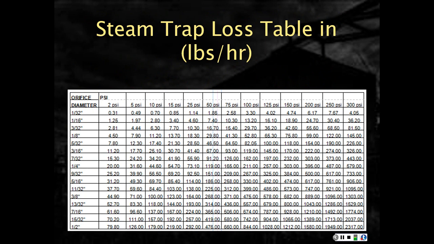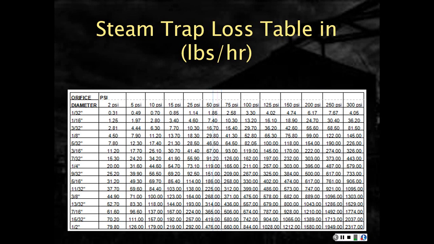Now, how do I find out the pounds per hour loss? What we have here, and it's located also in your lecture notes, is a steam trap loss table. And you'll notice along the left-hand column, I have orifice diameters. Remember how I said that orifice diameter was one of several variables that we needed to calculate cost. In this case, I'm just trying to get an initial step in actual steam loss.